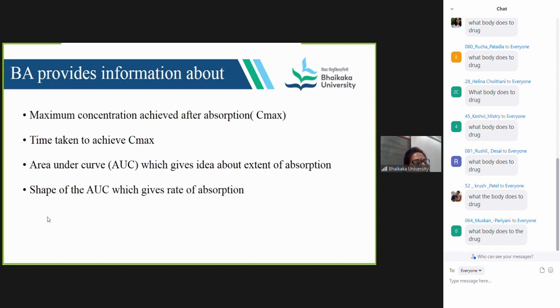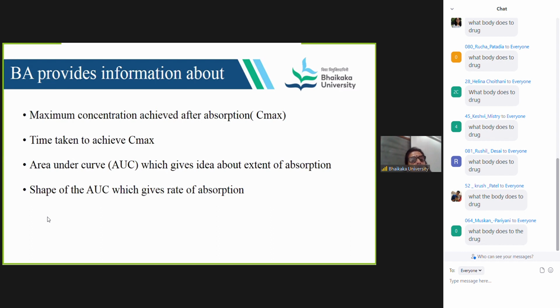You need not relate it with the formula or calculate it. Just understand that bioavailability can be measured and will provide the information of the maximum concentration, which is called Cmax.